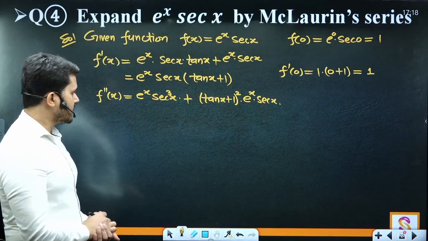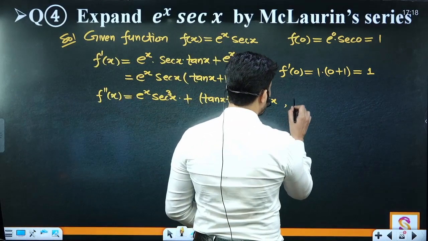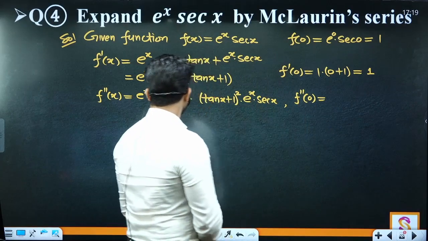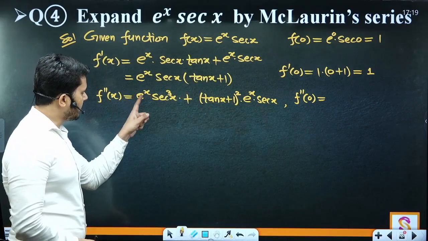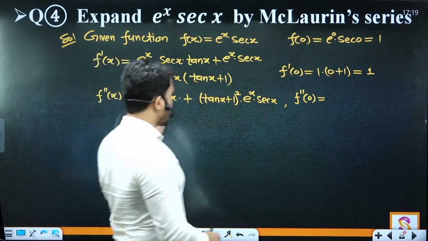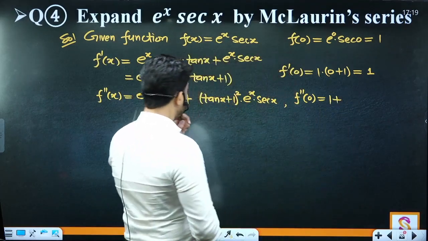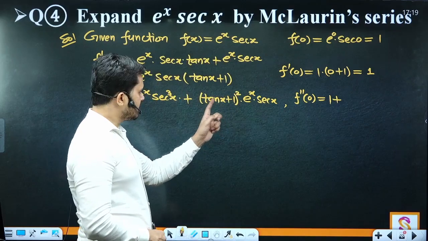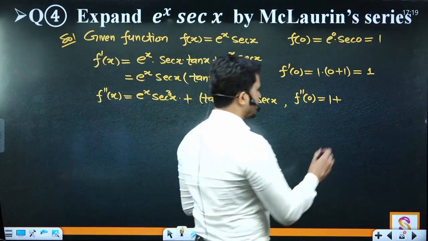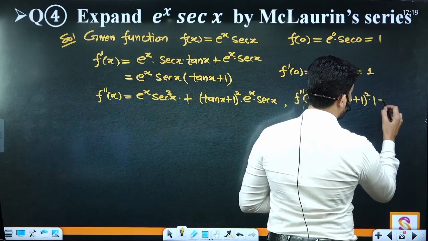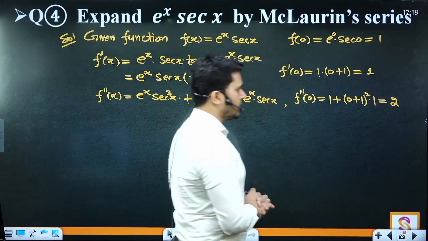Now value of f double dash 0 here, e to the power 0 is 1, sec 0 is 1, तो ये पार्ट ये वाला टर्म कितना होगा, 1 plus tan 0 is 0, 0 plus 1 whole square, and this is also 1, so 0 plus 1 whole square into 1, so overall its value will be 2.